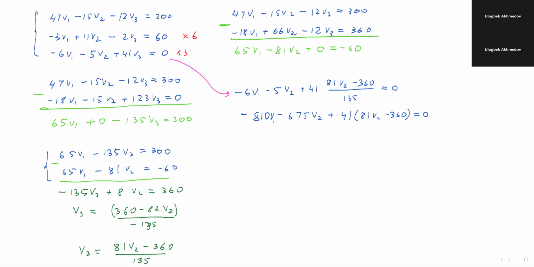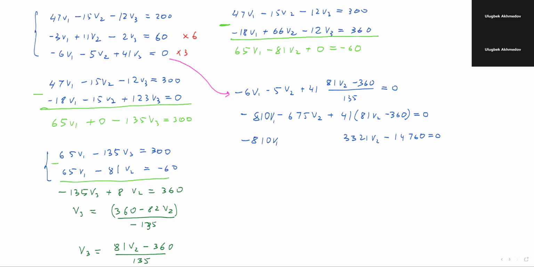So 41 times 81 will be 3,321V2, and 41 times 360 will be minus 14,760. Equals 0.